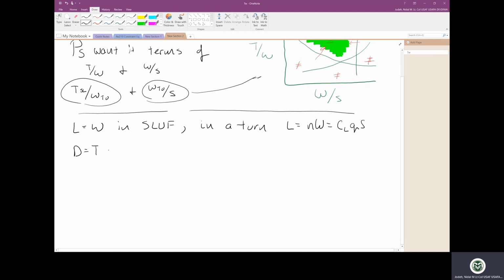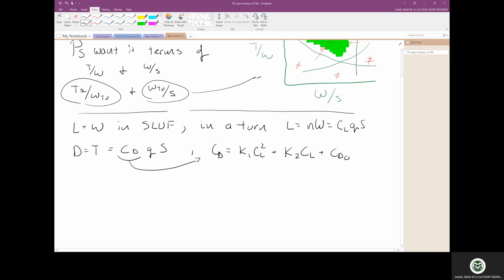Drag was equal to thrust, which is still CD, Q, and S. And we said that the drag polar CD was equal to K1 CL squared plus K2 CL plus CD naught. That was the drag polar.